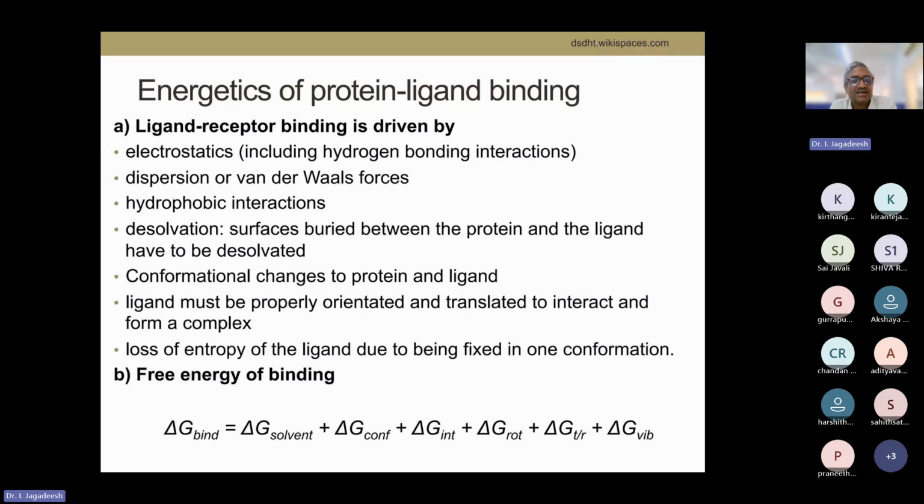We are going to study the energy of binding. The total change in free energy is contributed by the solvent effect, conformational changes, intrinsic factors, rotational bonds, and vibrational ones. They all have an impact on the total binding.